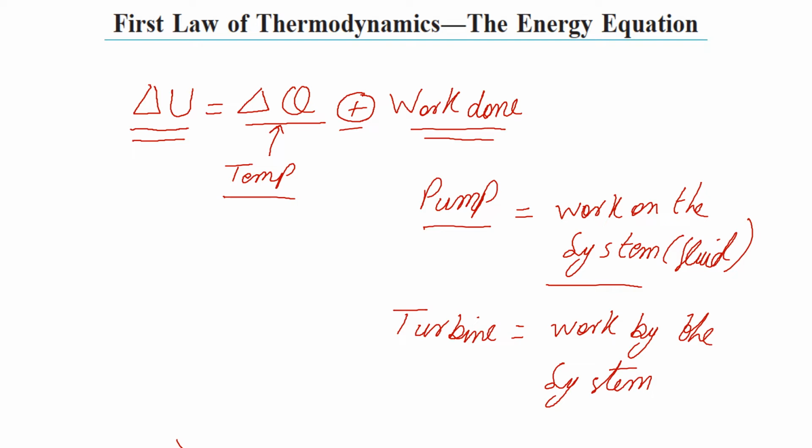That is why we put a negative sign for work by the system, and a positive sign for work on the system. In the pump case, energy is added to the fluid, and in the turbine case, the fluid loses energy.